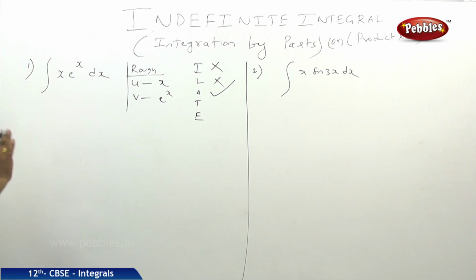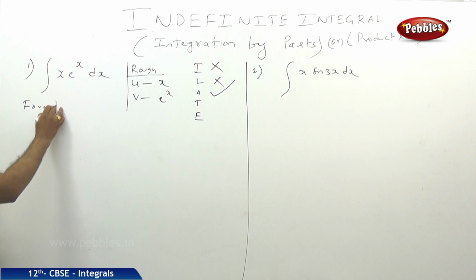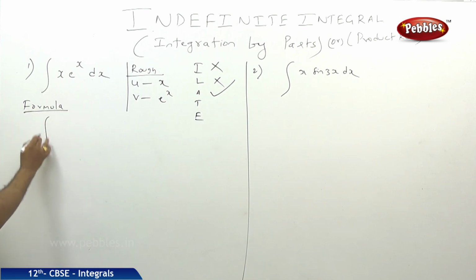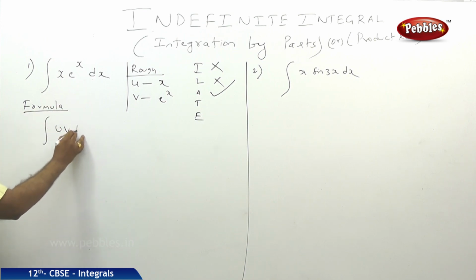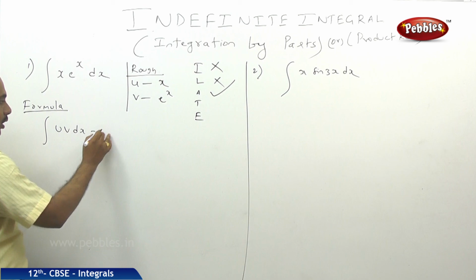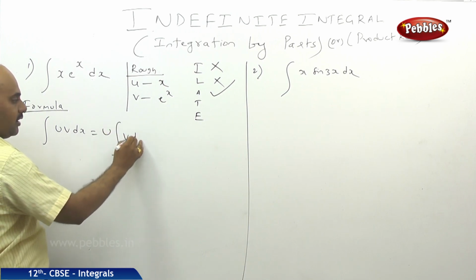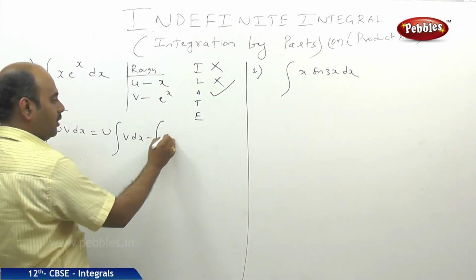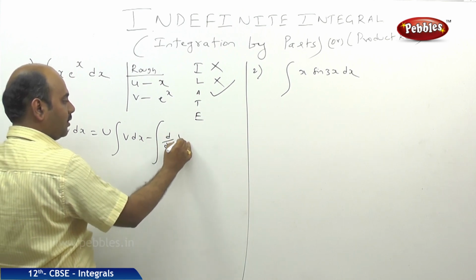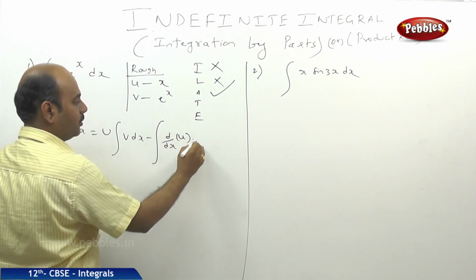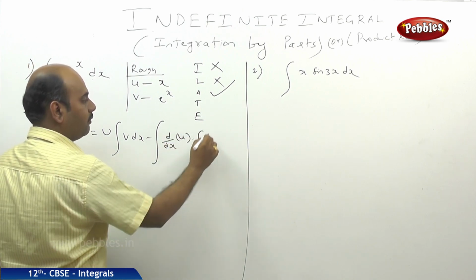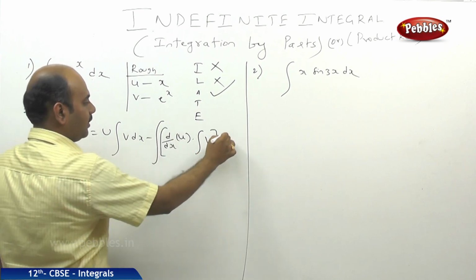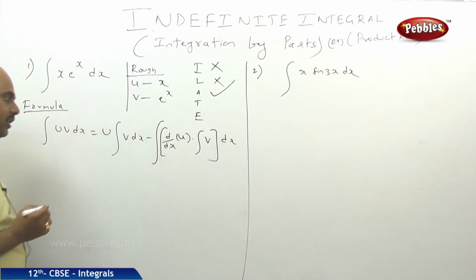But always remember the formula. Once again for you people, I am writing the formula and you should remember. Integral of uv dx is equal to u into integral of v dx minus integral of d by dx of u into integral of v, I'll put a bracket and here also I'll be putting dx.